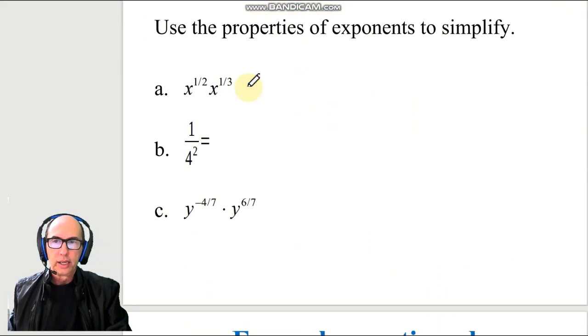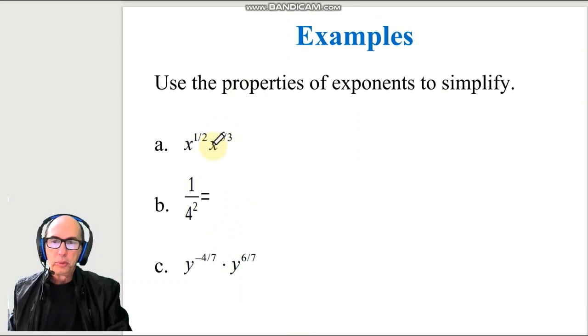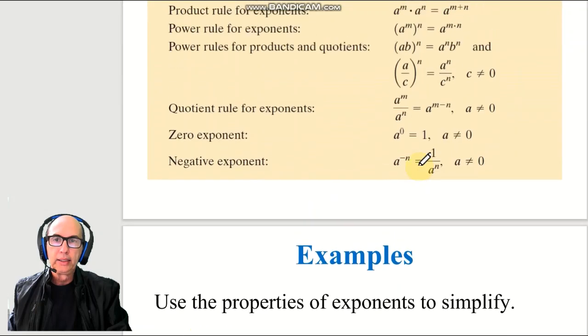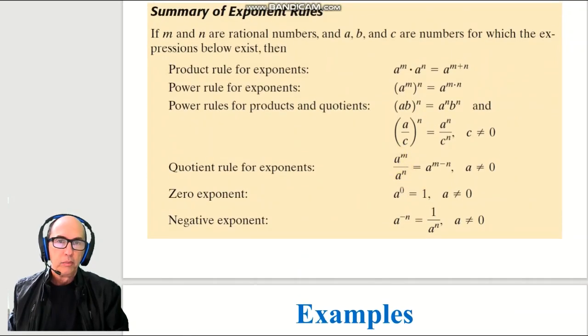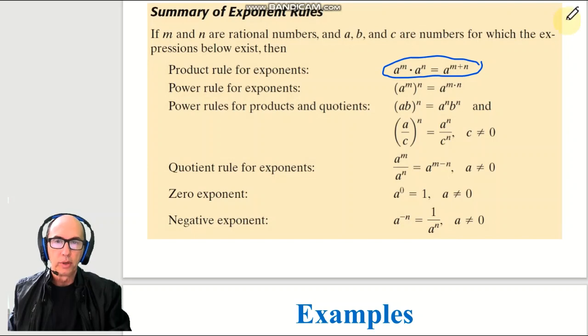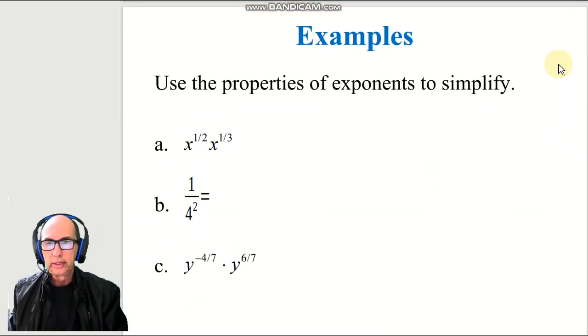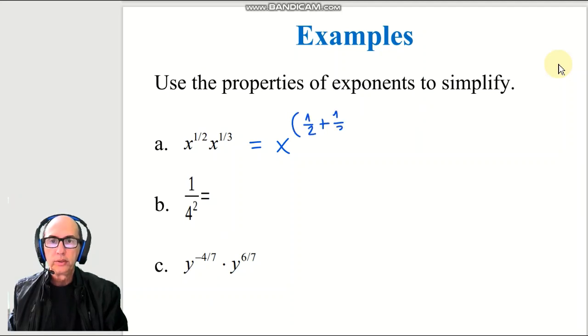Let's go to examples. If we have a multiplication and the factors have the same base, go back here. Multiplication with the same base, we add the power. So this equals x to the power of 1 over 2 plus 1 over 3.